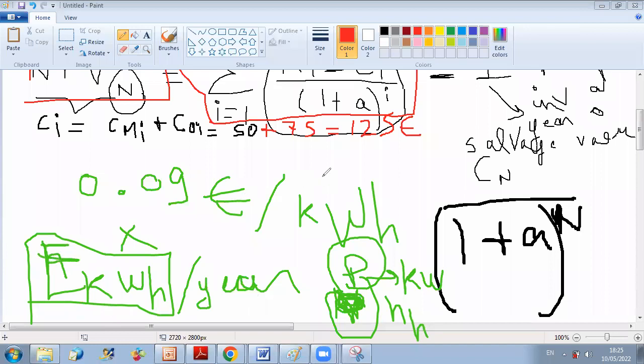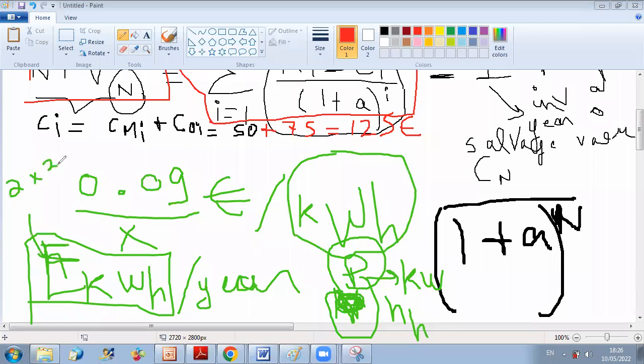And since you know the selling price of 1 kilowatt hour, by multiplying 0.09 by the number of kilowatt hour produced by your turbine, which is here 2 times 2,800, which is equal to 5,600, then you can determine your benefit per year.